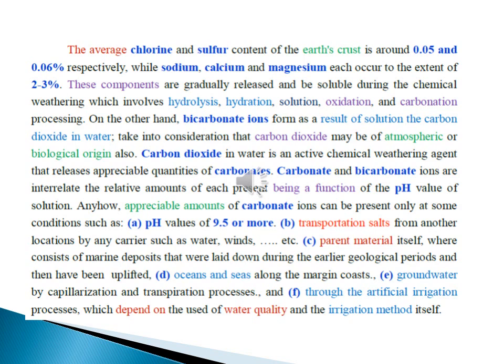On the other hand, bicarbonate ions form as a result of solution of carbon dioxide in water, an active chemical weathering agent that releases appreciable quantities of carbonate. Also, carbonate and bicarbonate ions are interrelated, the relative amounts of each being a function of the pH value of the soil solution.